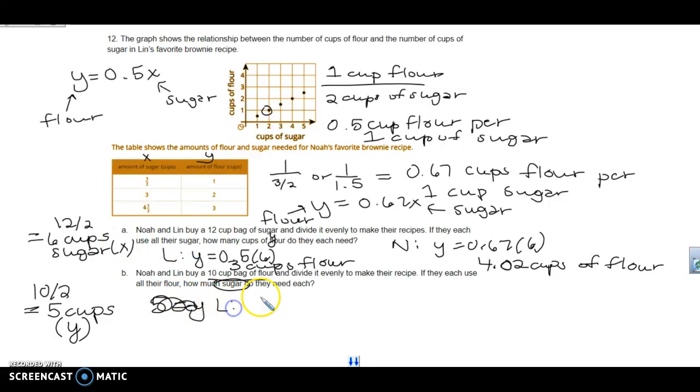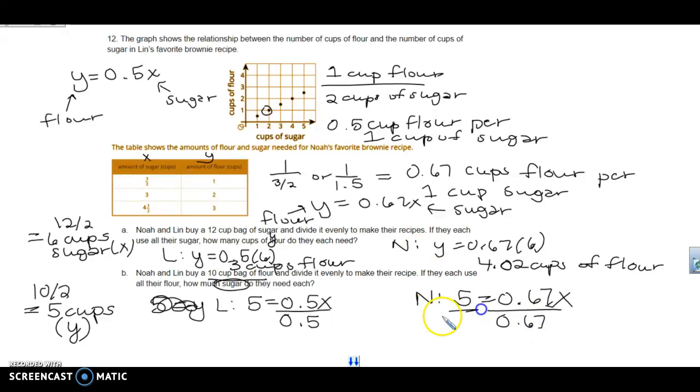For Lynn, we're going to have 5 equals 0.5x. And then for Noah, we're going to have 5 is equal to 0.67x. And this time we want to solve for x. So this is a one-step equation. We're going to divide by the slope on both sides. And 5 divided by 0.5 is going to cancel.